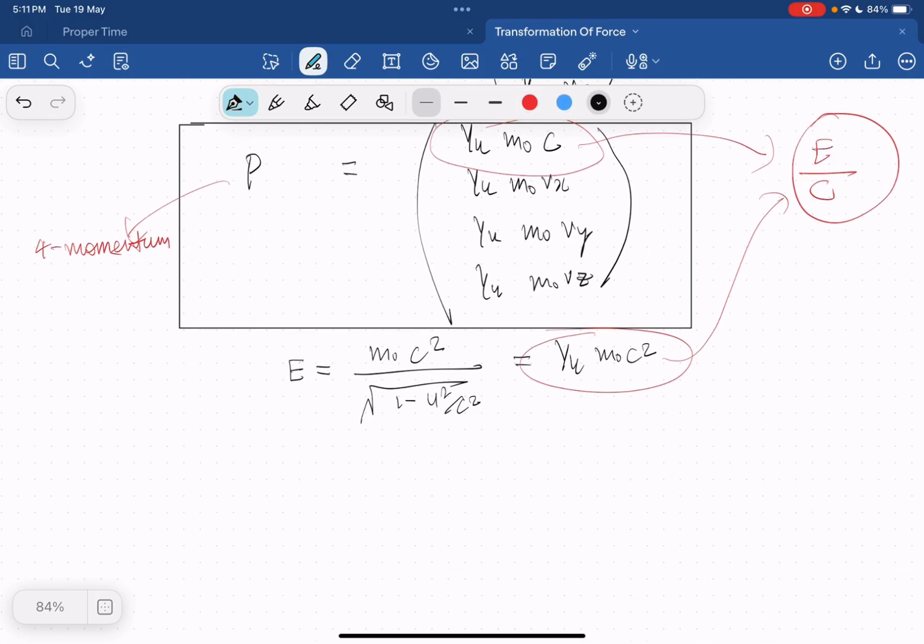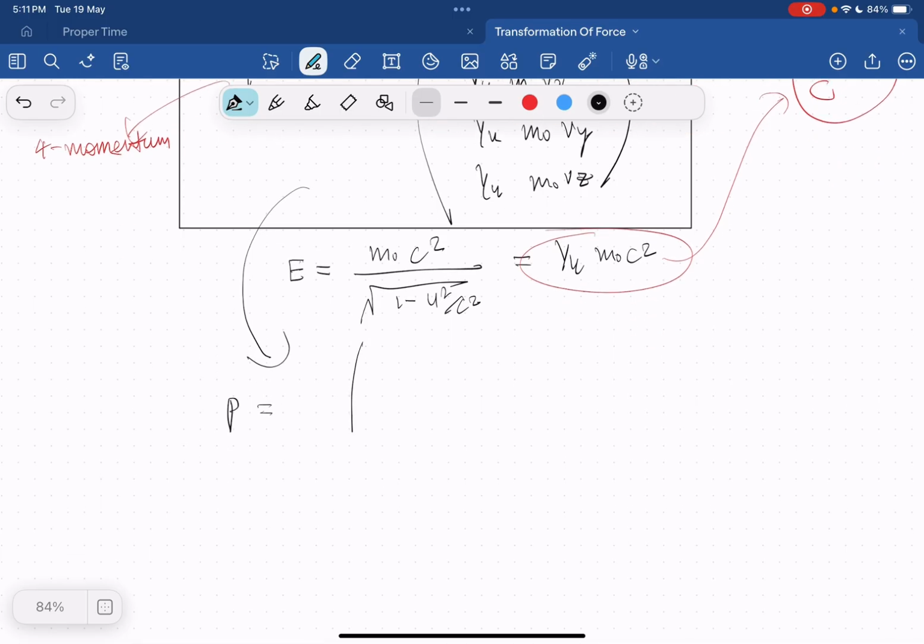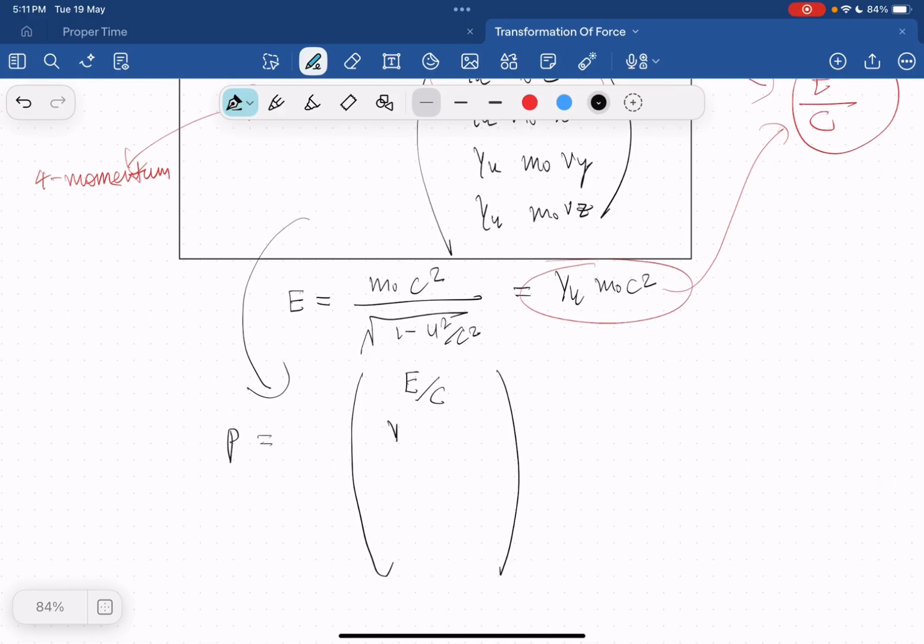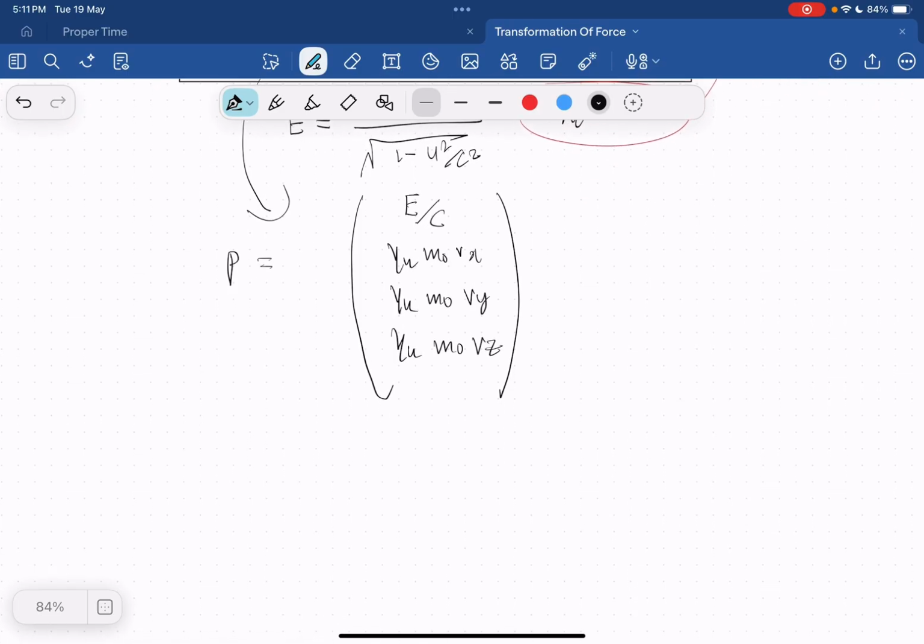So this four momentum can be rewritten as, the first component becomes the total energy of the particle E divided by c, then gamma u m naught vx, gamma u m naught vy, gamma u m naught vz. Right? This is a really nice simplification.